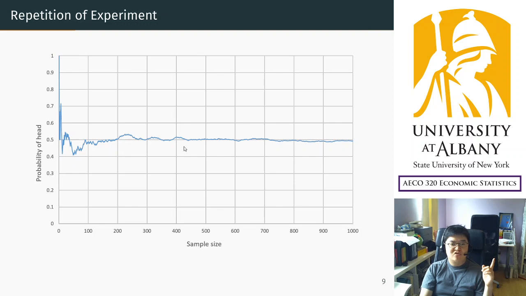We know 0.5 is the true probability, but even when you repeat 1000 times, it is not exactly 0.5. The probability is simply approaching 50%, but still it is random. There is deviation from the true probability. That is the randomness, and this is the estimation error when you do estimation, and that's what we have to handle and understand.